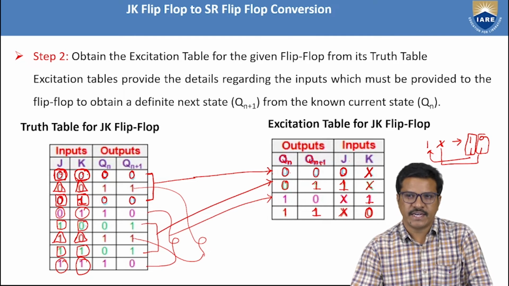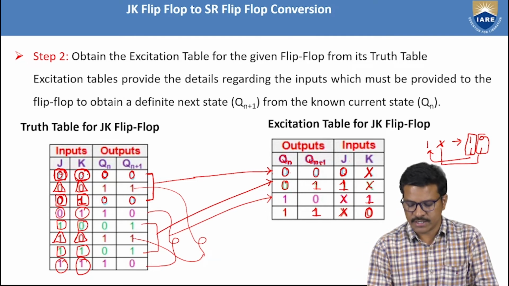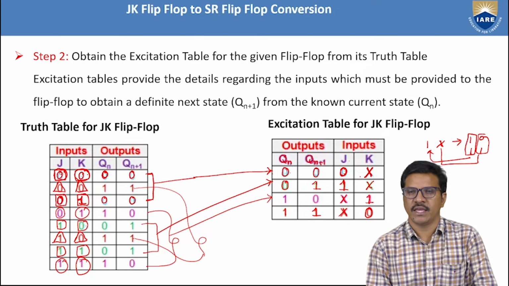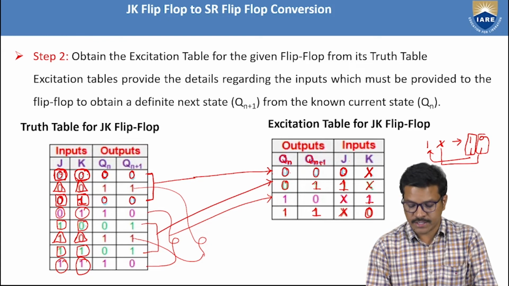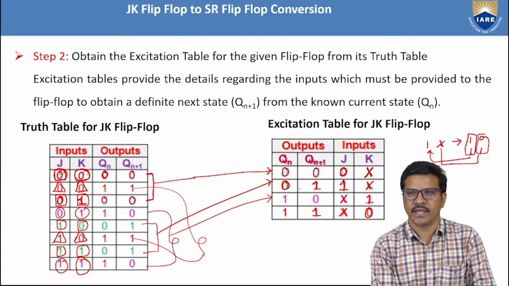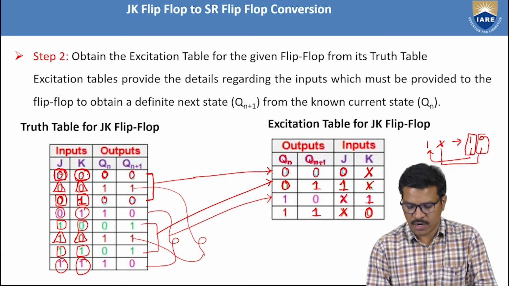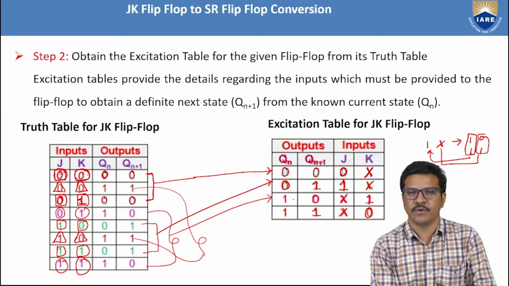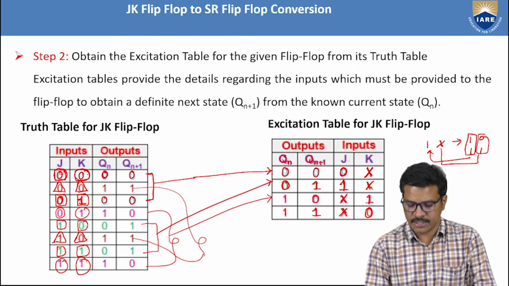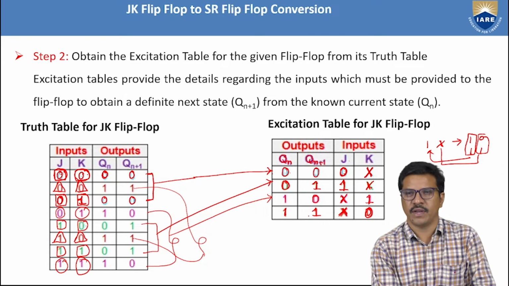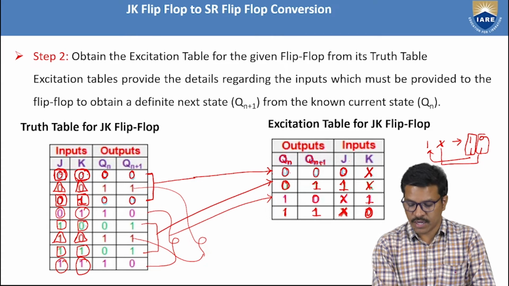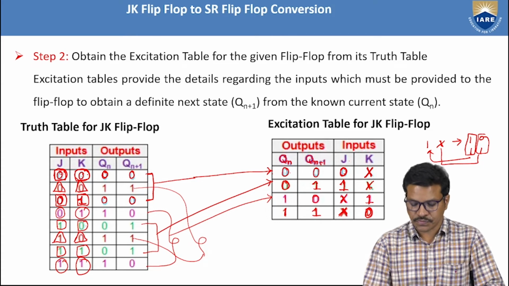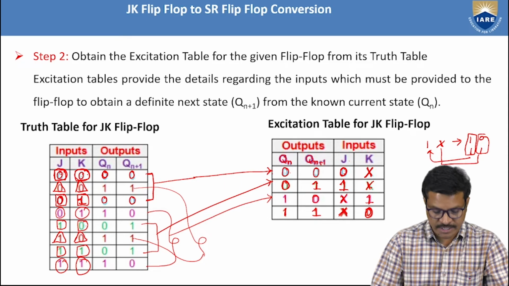To get present state 0, next state 0, it is simply 0 and x. 0x would be the input combination to get this 0 to 0, and 1x for the 0 1 transition, x1 for the 1 0 transition, present state to next state, and x0 in the 1 1 combination. So 0x, 1x, x1, x0. This is the excitation table.